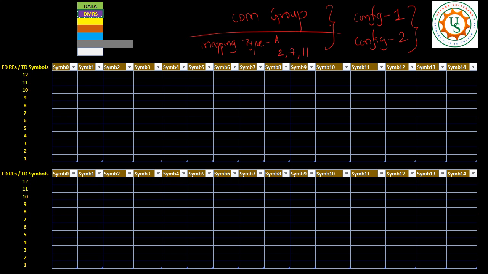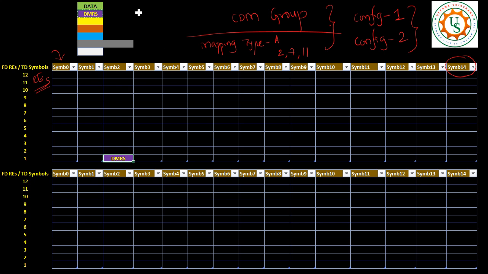Let me go ahead and place my DMRS on symbol number 2. Let's say my starting PUSCH symbol is 0, and I have got the number of symbols as 14. The starting symbol starts with 0, and I have considered only 12 REs, or 12 subcarriers, for the sake of simplicity.